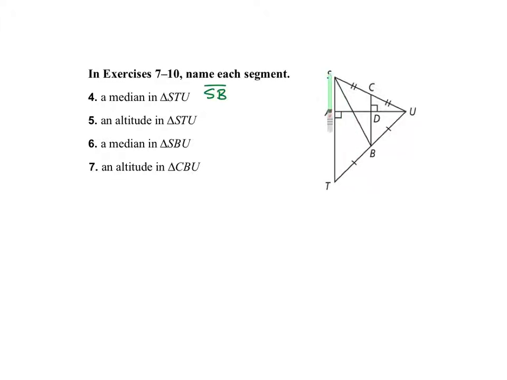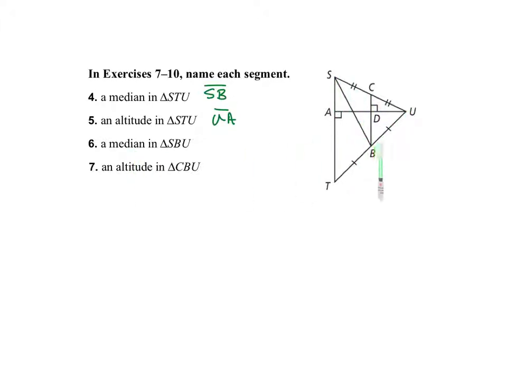As you can see, it starts with S, and B is the midpoint of TU. So that's the median, right? And an altitude for that same triangle STU, right? So starting at U, and it's perpendicular to the other side. So that means that UA. Triangle SBU is this one.